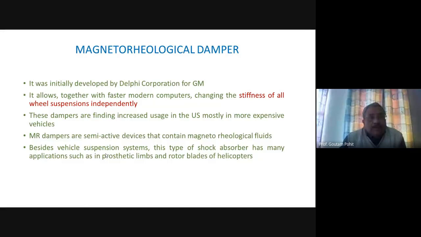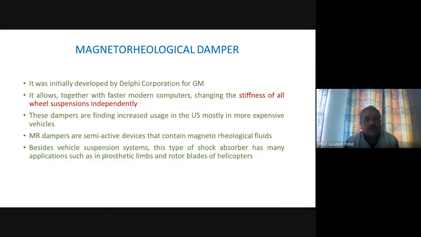It was initially developed by Delphi Corporation for General Motors. It allows, together with faster modern computers, changing the stiffness of all wheel suspensions independently. Nowadays, with the help of modern computers, the stiffness of each wheel can be changed separately.